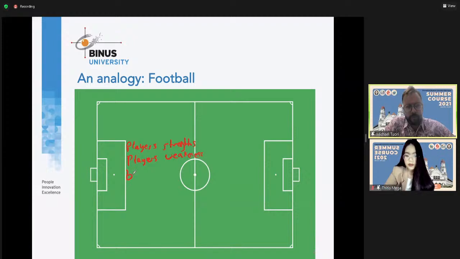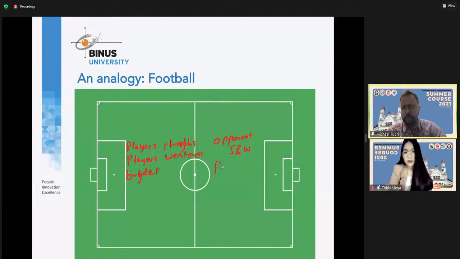Budget is really important. The opponent also has strengths, and our opponent also has weaknesses that we want to attack, and we want to defend against their strengths. The level of competitiveness, okay. Whether it's home or away.